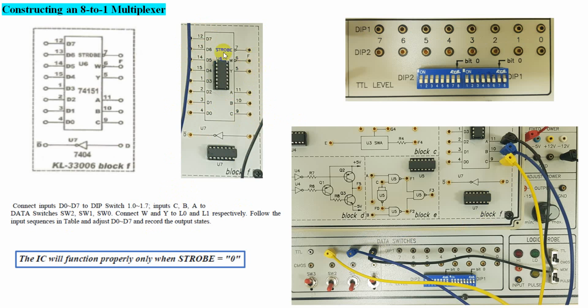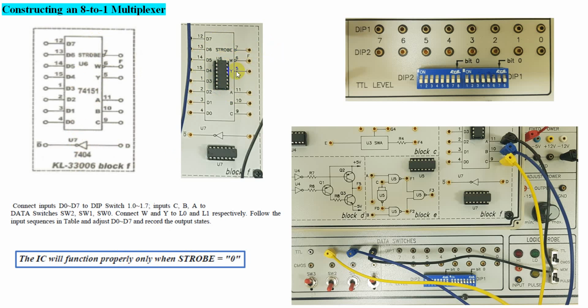Now remember one thing, there is one input here which is the strobe. It is specifically written here that if we want this IC, this integrated circuit, to work properly, we need to give the strobe equal to 0.